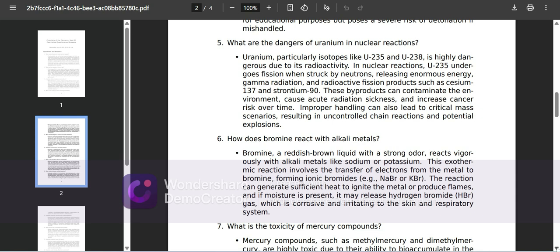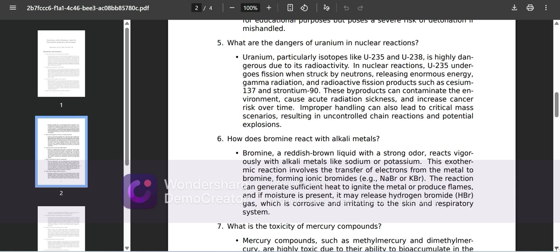These byproducts can contaminate the environment, cause acute radiation sickness, and increase cancer risk over time. Improper handling can also lead to critical mass scenarios resulting in an uncontrolled chain reaction and potential explosions.